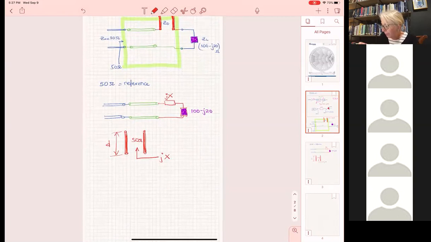I need to find X, but I know how much X is going to be because I want JX to be equal to J20. Why is that?